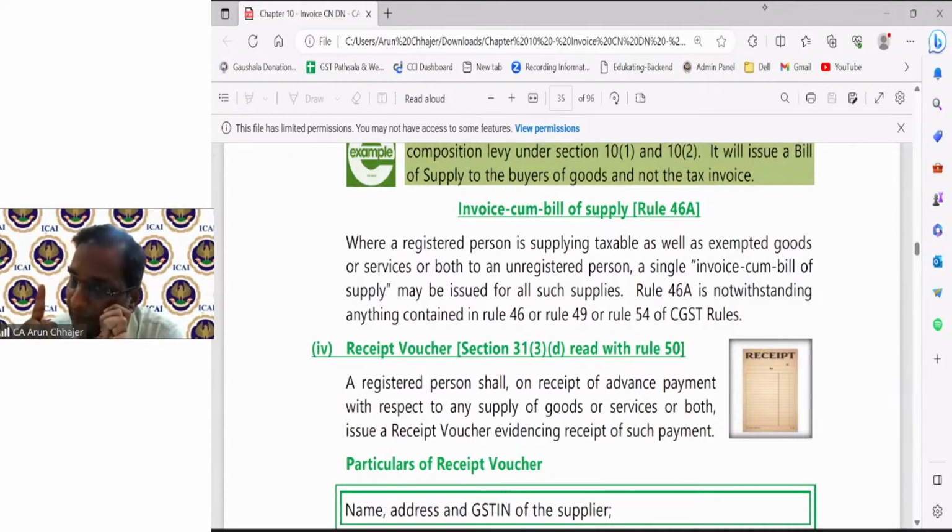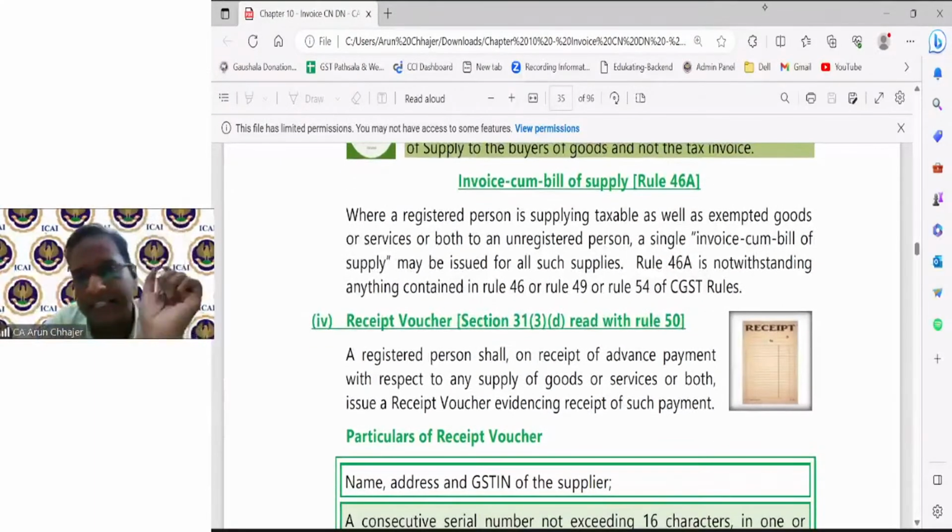Then I can issue a single document named invoice cum bill of supply, one single document for taxable as well as exempted items. This is Rule 46A.